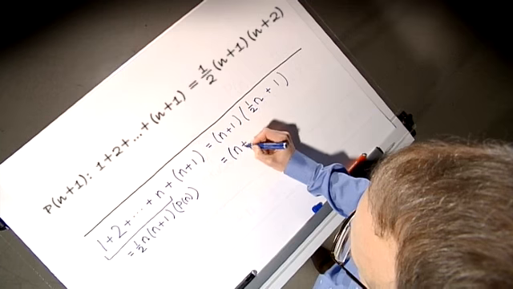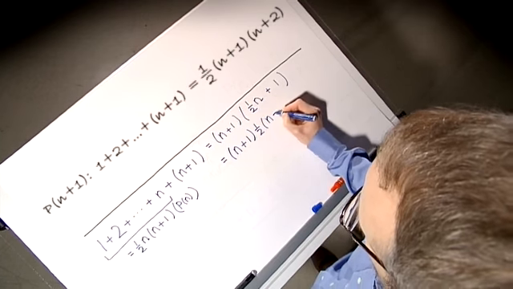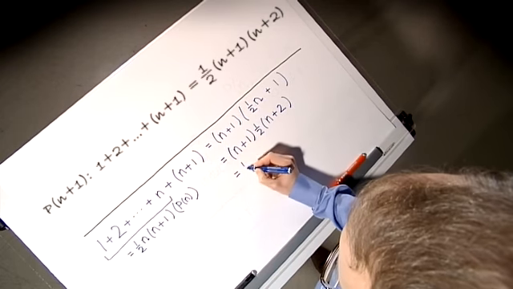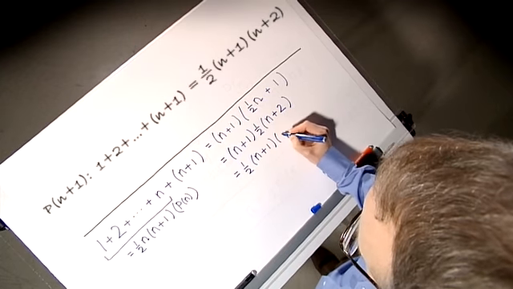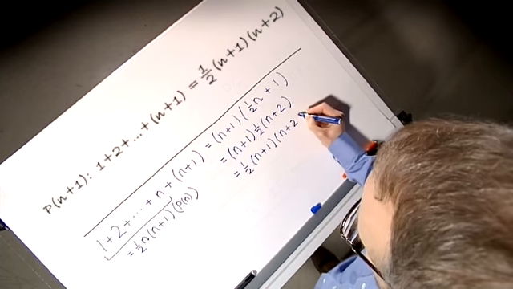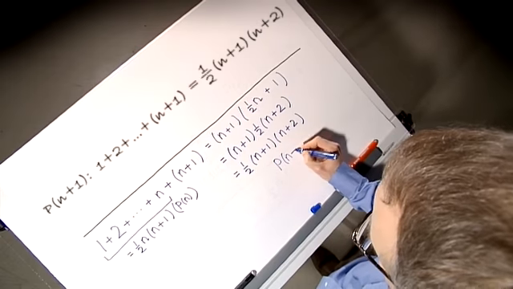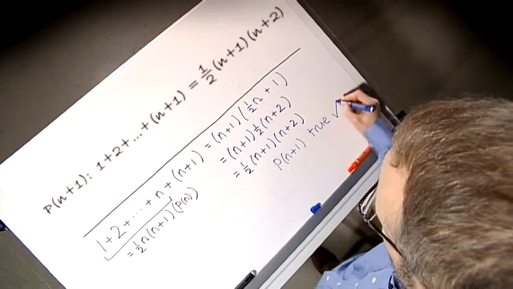And if we take out the factor of a half, and just rearrange that a little, we can see that we've shown that P of n plus 1 is true. So we've shown the inductive step.